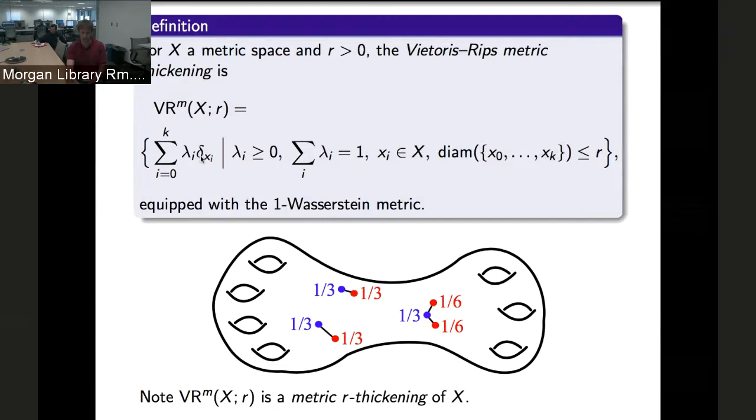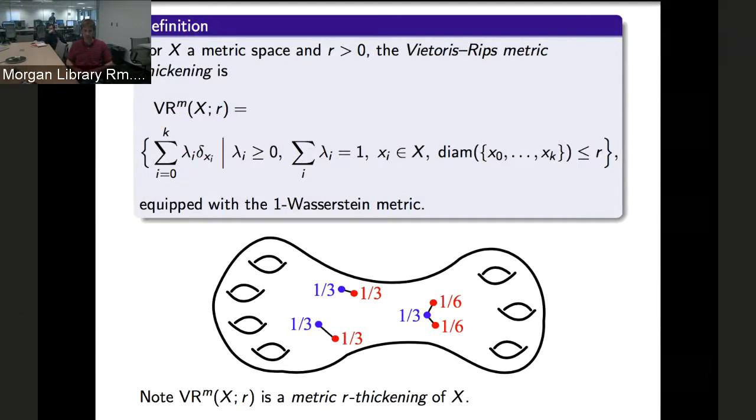And as Dirac deltas usually do, this is a probability distribution that obtains mass 1 at xi and obtains mass 0 everywhere else. Okay. So each of these points in the metric Vietoris-Rips thickening is a convex combination of Dirac delta masses.